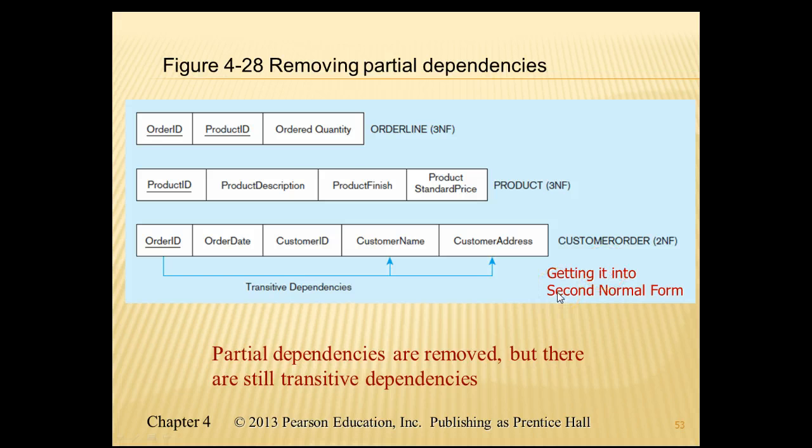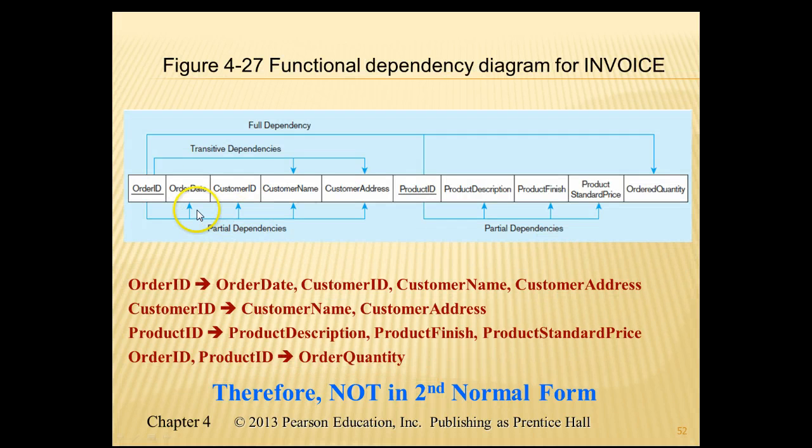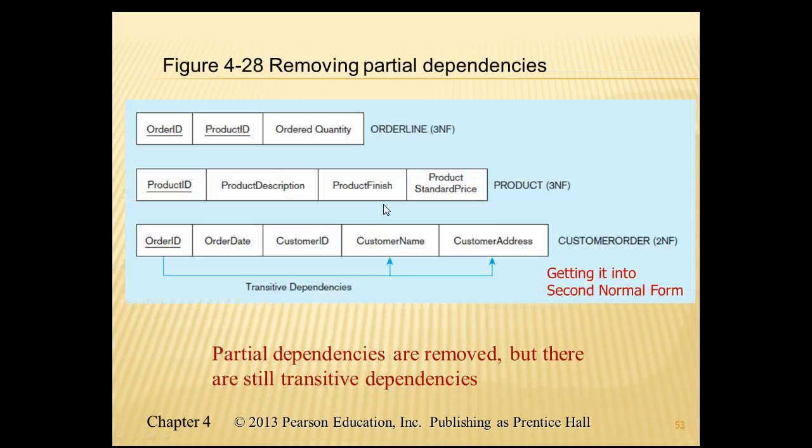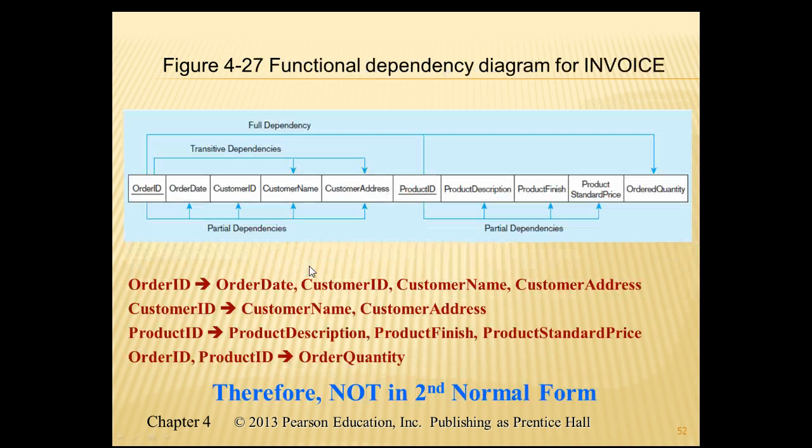So let's take a look at that and compare this single relation to this figure that has three relations. Now, we haven't gotten too deeply into third normal form yet, but these two relations are indeed in third normal form, and this is in second normal form because we have gotten rid of the partial dependencies that once existed in the initial relation.